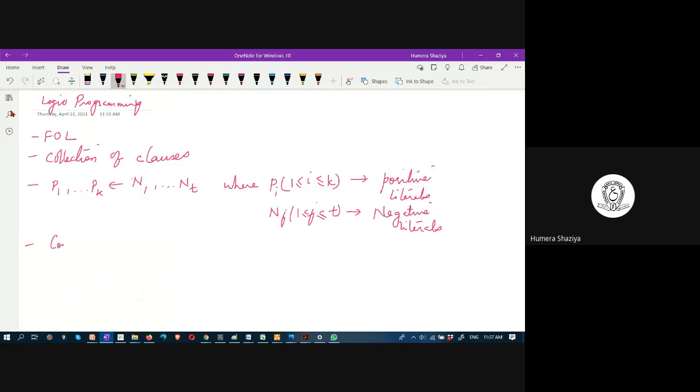Now we'll understand the conversion of a clause into clausal notation. What is clausal notation? This one.